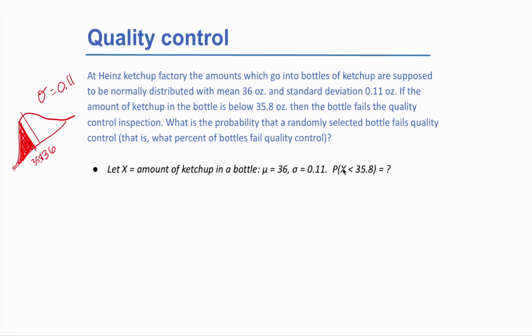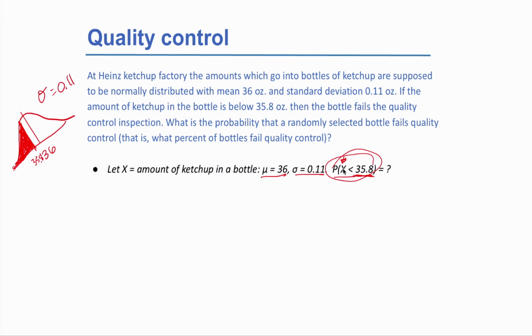So we want to find the area under the curve for being less than 35.8. So our mean is 36, our sigma is 0.11, and we want the probability that x, the amount of ketchup in a randomly selected bottle, is less than 35.8. Get used to this probability notation. We're going to be using it a lot.